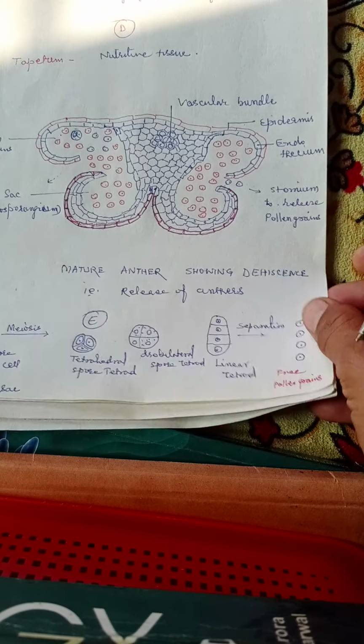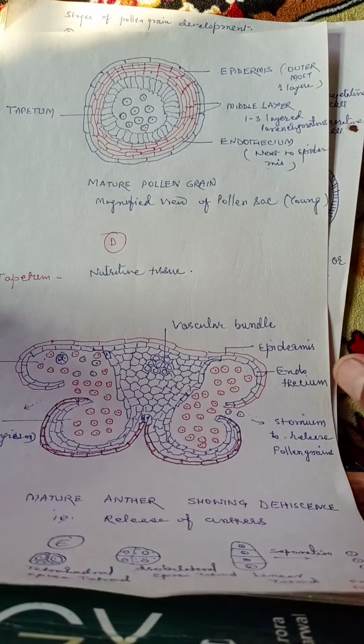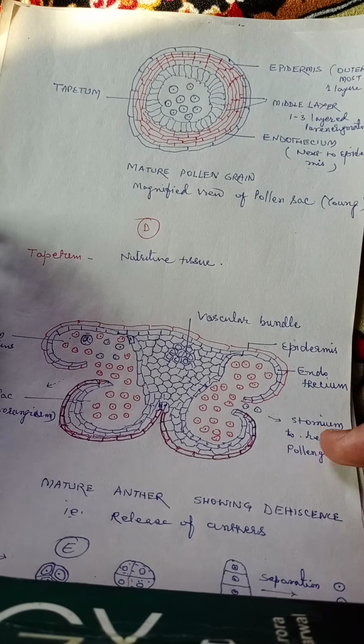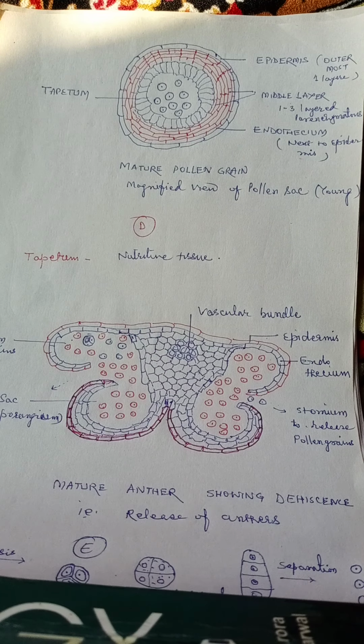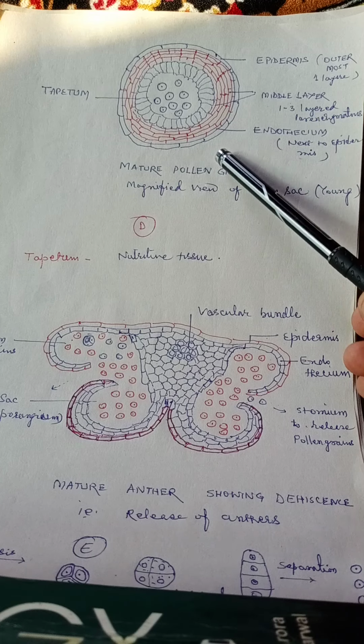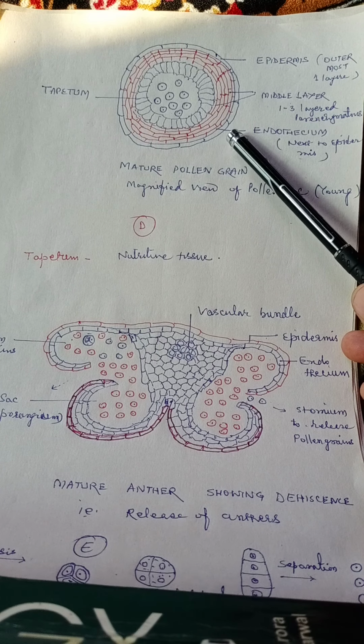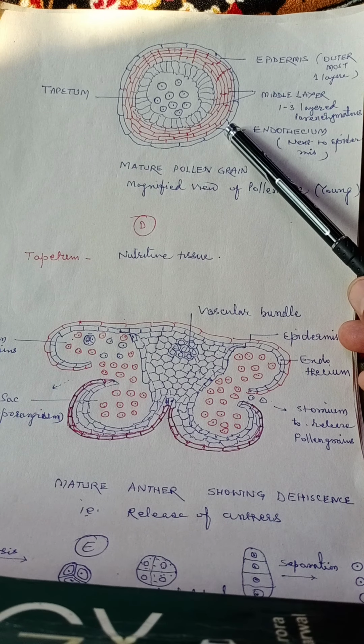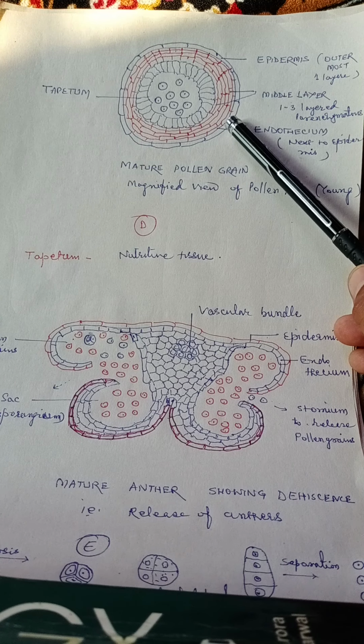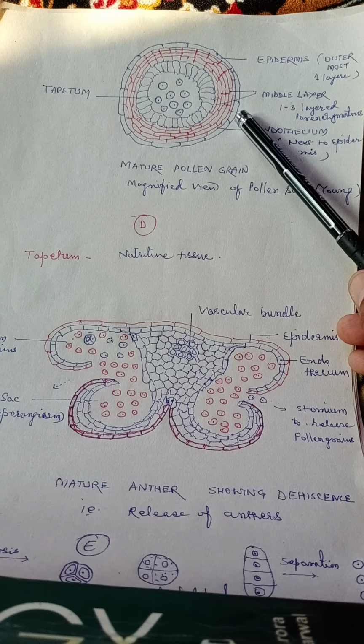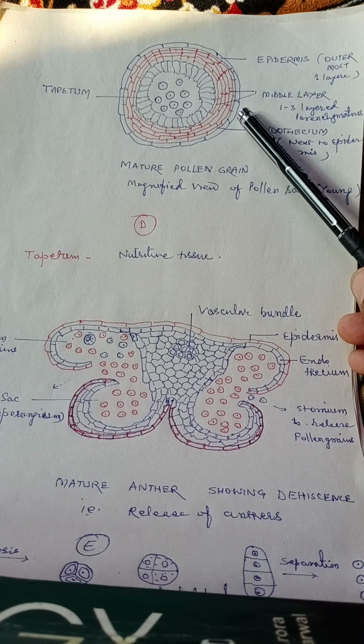Next is the internal structure of pollen sac. A single pollen sac is shown here in this diagram. You can see the magnified view of this pollen sac. There are different layers of tissue around this pollen sac. The outermost layer of cells is called epidermis.